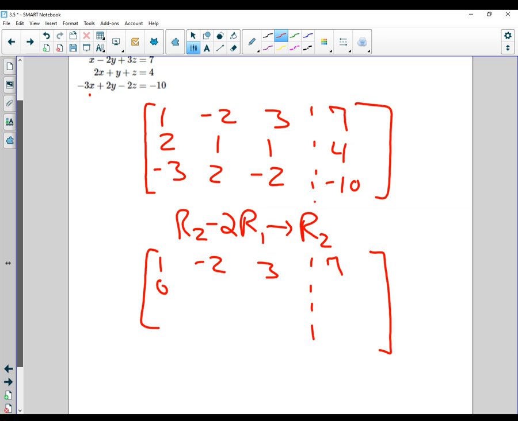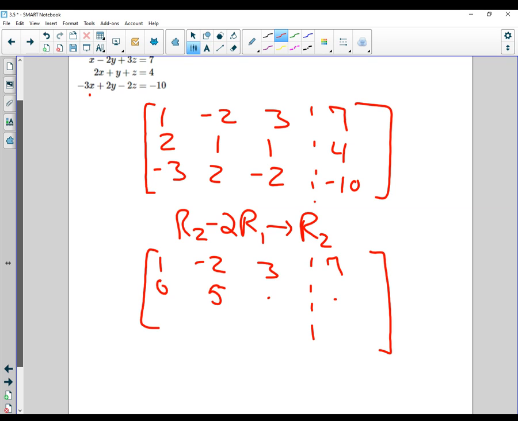I want a 0 underneath this, right? 2 times, minus 2 times row 1 is going to be 4, so that'll be 5. So that's okay. The 0 is what we wanted at first, right?